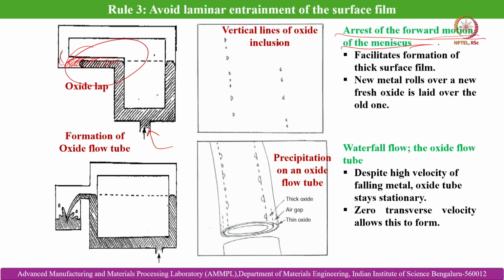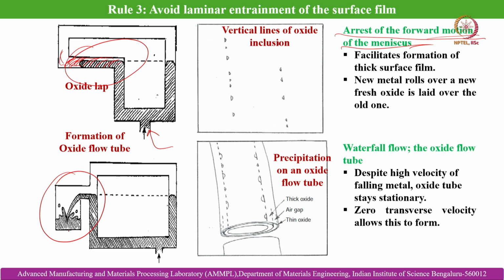And the next case, waterfall flow, the oxide flow tube. Despite the high velocity of the flowing metal, you can see this is the case of waterfall flow, and during that there is entrainment of the surface film. It is like a waterfall flow of the liquid melt from this entry point to this cavity.